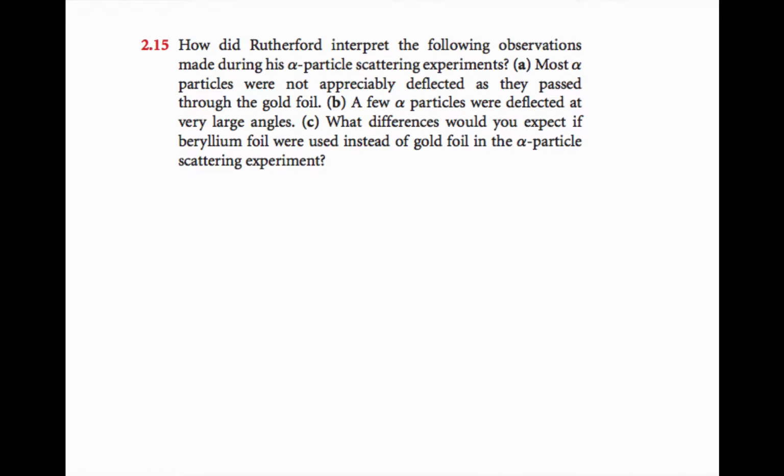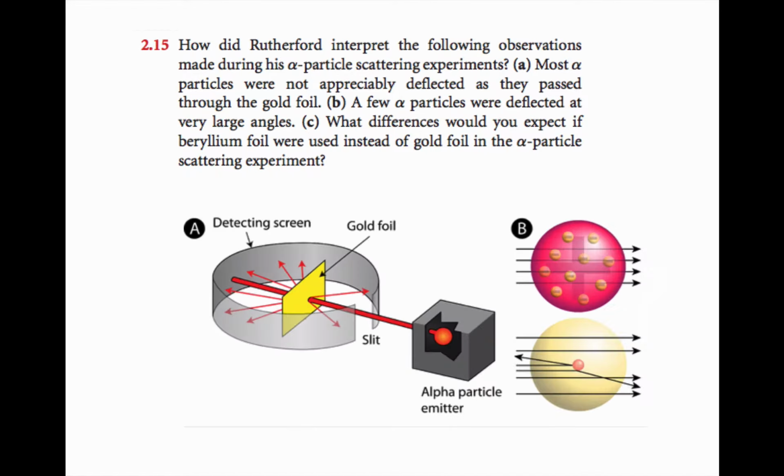How did Rutherford interpret the following observations made during his alpha particle scattering experiment? Okay, so his experiment was alpha particle is a helium nuclei, positively charged particle. And when he shot it through this thin slice of gold foil, it was one of the big shockers in chemistry.